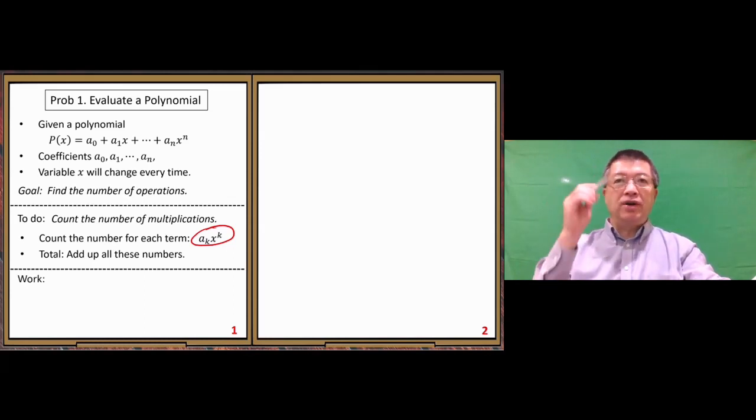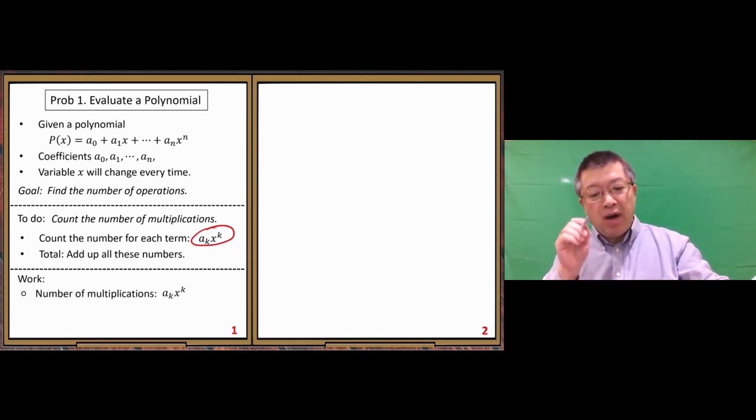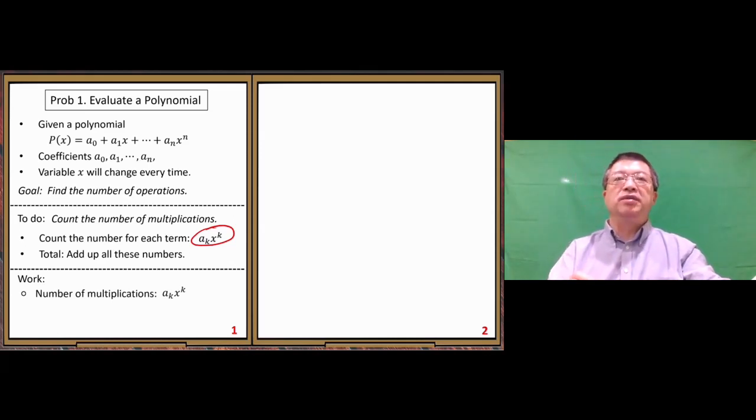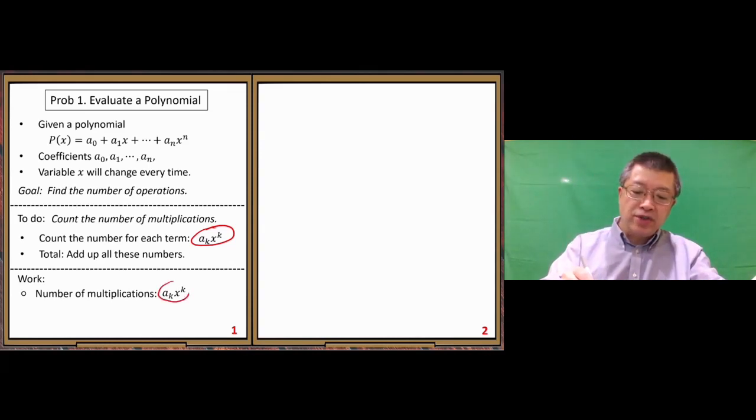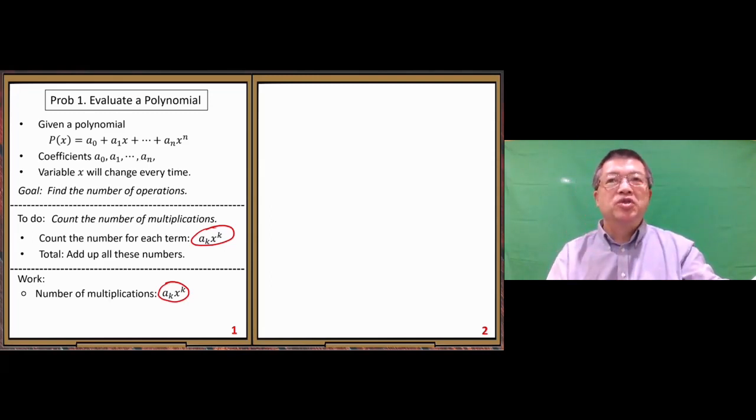Now let's do the work. To do the work, let's look at how many multiplications we need for this expression here. Although the problem is not hard, it is an easy one, we can still apply a strategy in this situation.